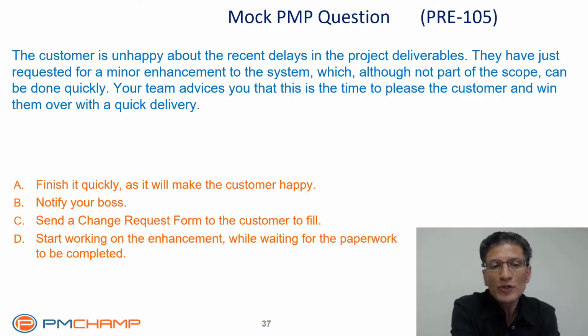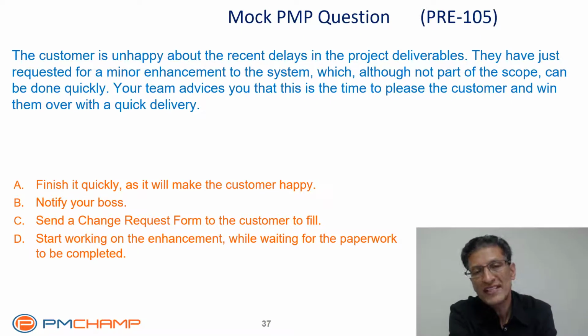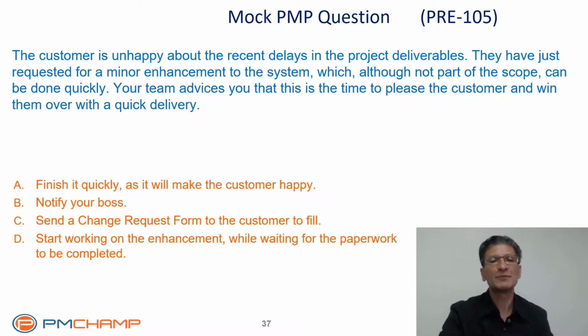So you could do it quickly and make the customer happy. You could notify your boss. You could ask them to fill the paperwork and then only you'll act on it. Or else you start working on it so that you don't waste time while the paperwork is being done. What did you choose here?